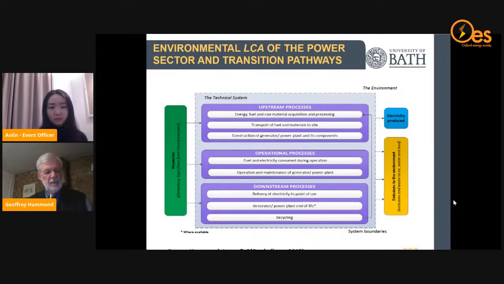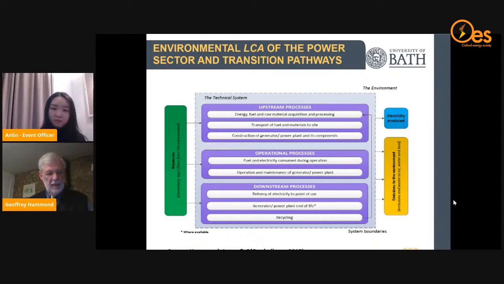Now, I just want to say something about each of the ways in which we analyze these different pathways. And the first method we used was life cycle assessment. And the important thing about life cycle assessment is that you're not just looking at the operational energy. That's the energy, for example, at the power station, sometimes referred to as stack emissions, carbon emissions from power stations. You're also interested in what goes on upstream of the power station.